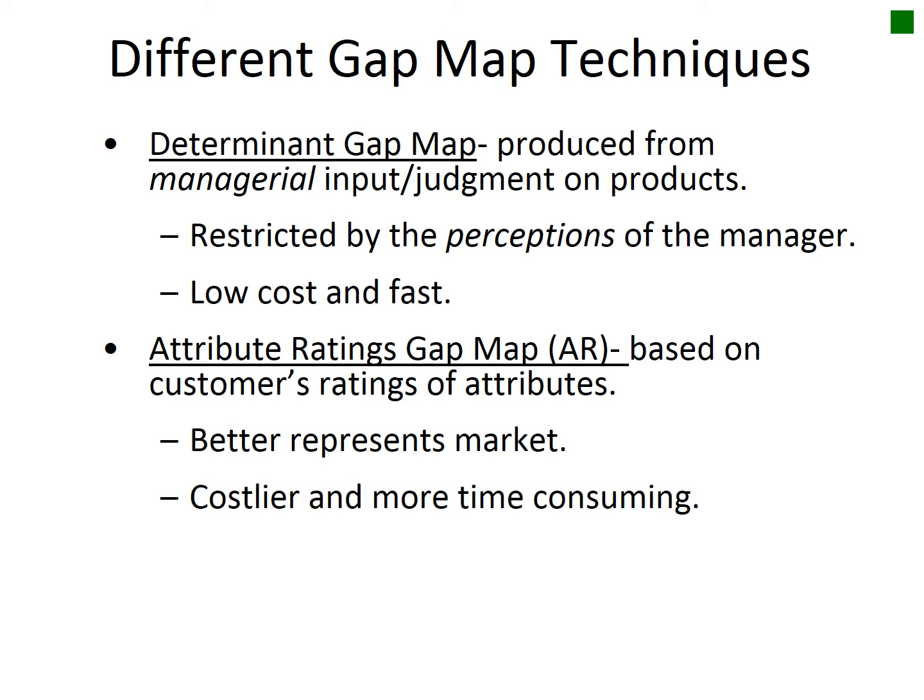These take more time, of course, and they take the cost of doing the market research, but they're far more sophisticated. They're far more true to reality, and they actually measure your market, which is a key point in a lot of things we do. The other thing is they can be a lot more detailed and specific.